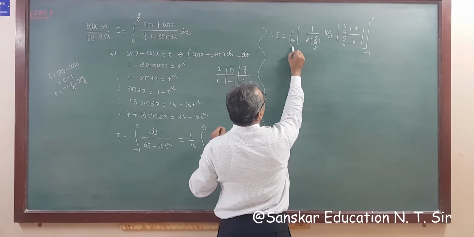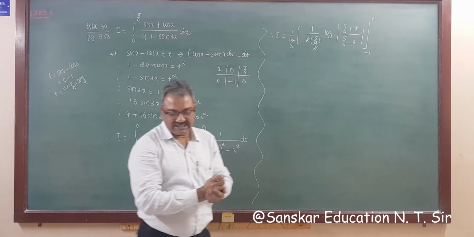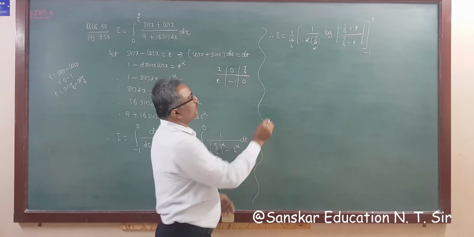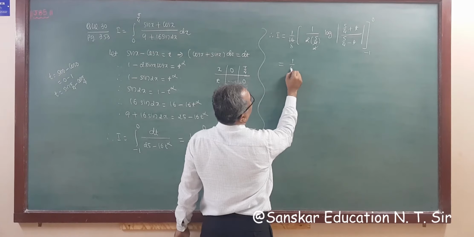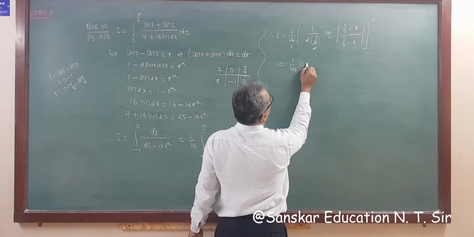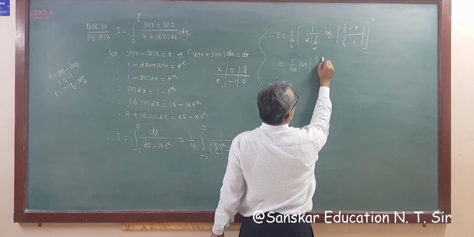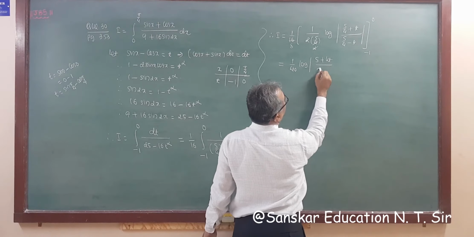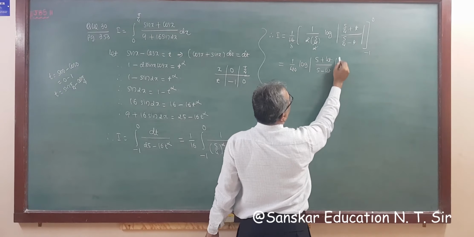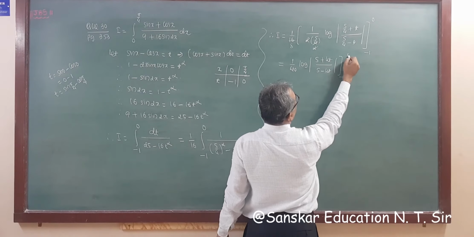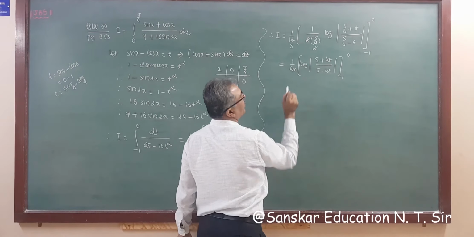And this is 8. So 8 into 5, that is 40, right? So the answer will be 1 upon 40 log, taking 4 LCM, 5 plus 4t upon 5 minus 4t, and the limit is from -1 to 0, right?